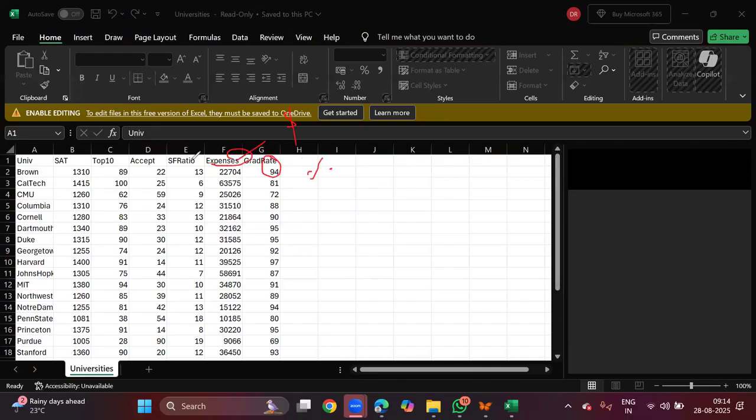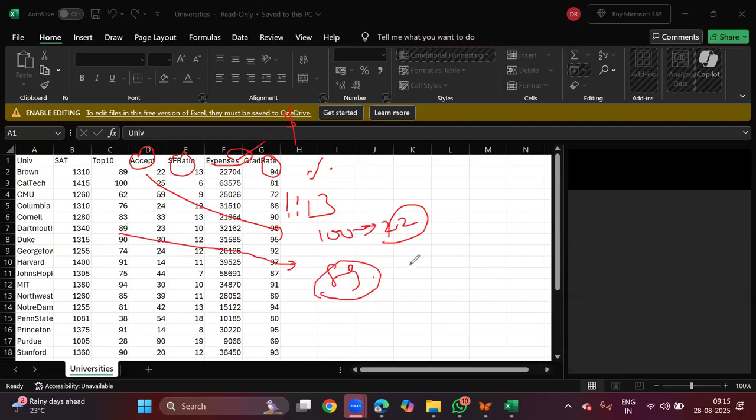Student faculty ratio is a 1:13 ratio. Acceptances: for 100 students, 22 students are accepted. Top 10: what is 89? 89 people who are always in the top 10 have applied for our university. That is what we call a data dictionary.